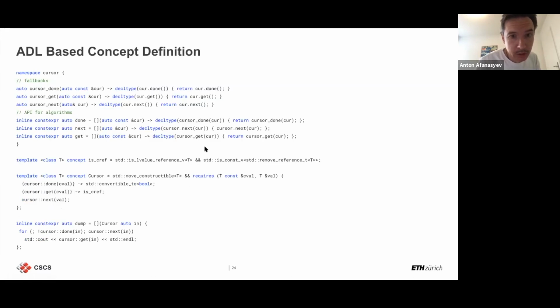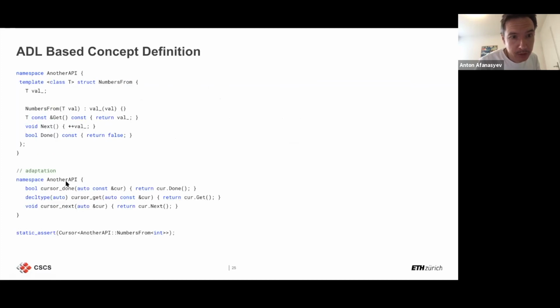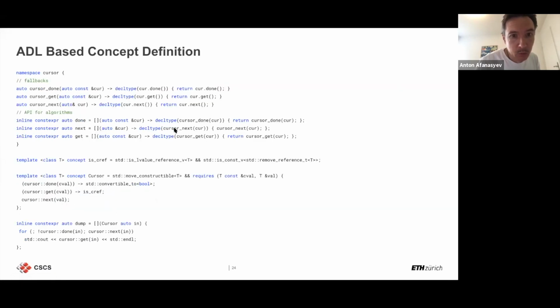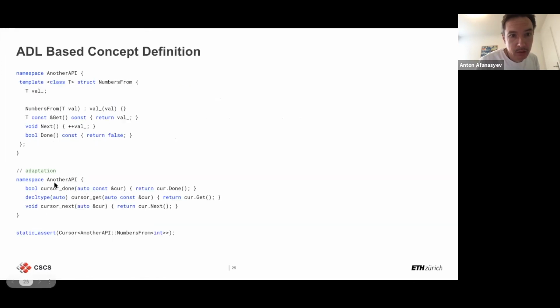We see that in our particular case the cursor is implemented in another API namespace. So first we are looking for the cursor done in this namespace, and we can find it. Here it is, and this is exactly what we will use here.